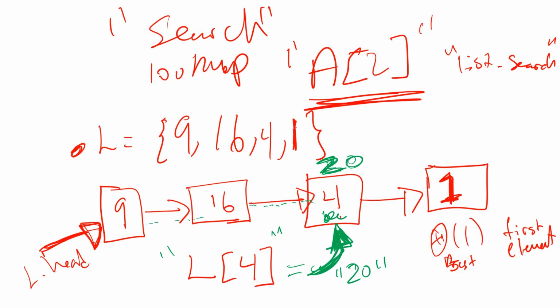What is the worst case? It's going to be n. That is the last element or the null. It doesn't find it. So if I look for element 1, or any element that's not in the list, for example 7, why do I use that example?